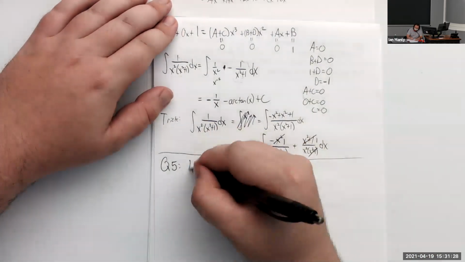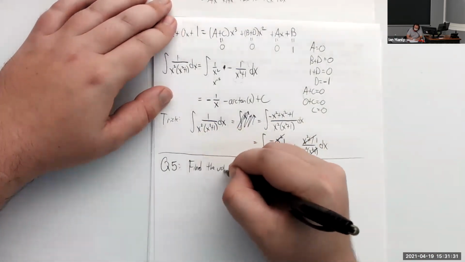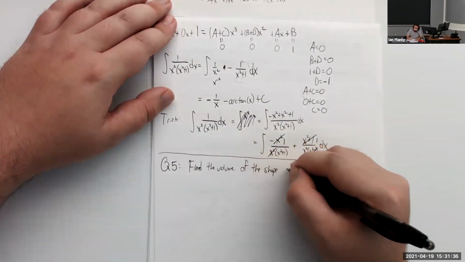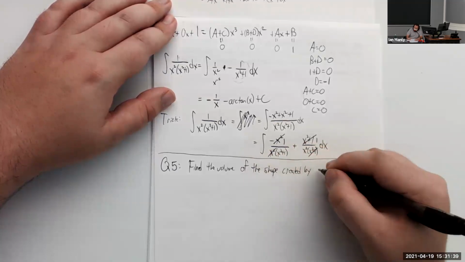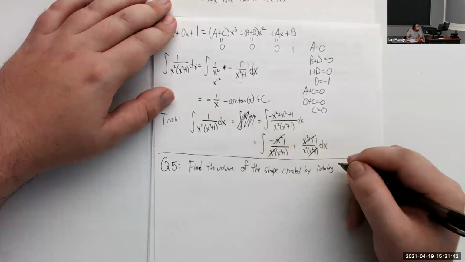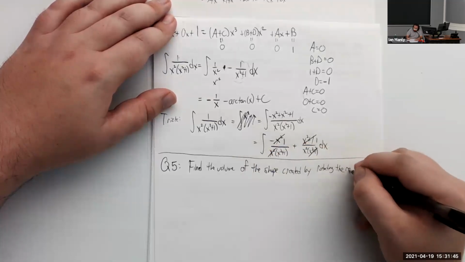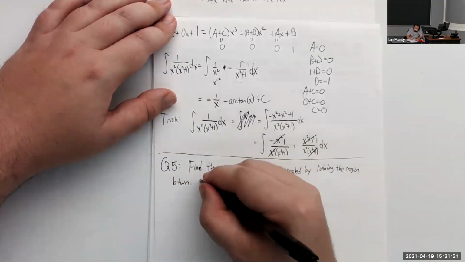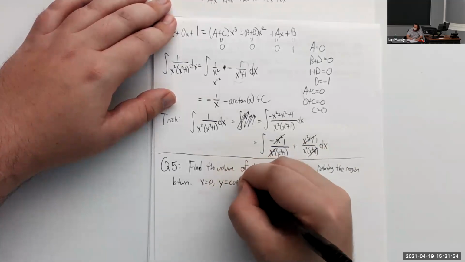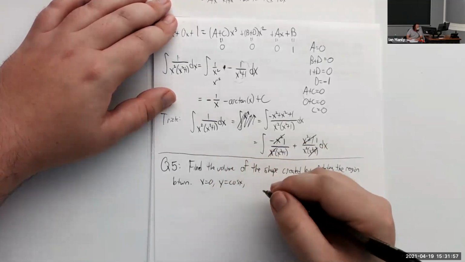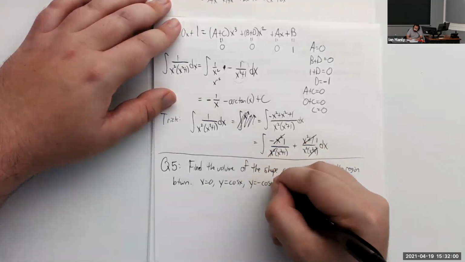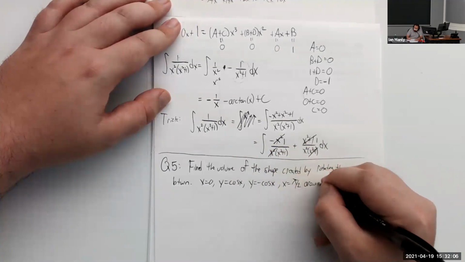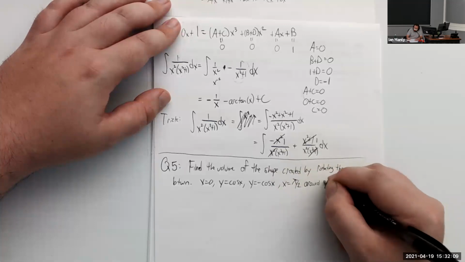This one is about finding the volume of the shape created by rotating the region between x equals 0, y equals cosine of x, y equals negative cosine of x, and x equals pi over 2, around the x or y-axis. That makes a difference: y-axis.